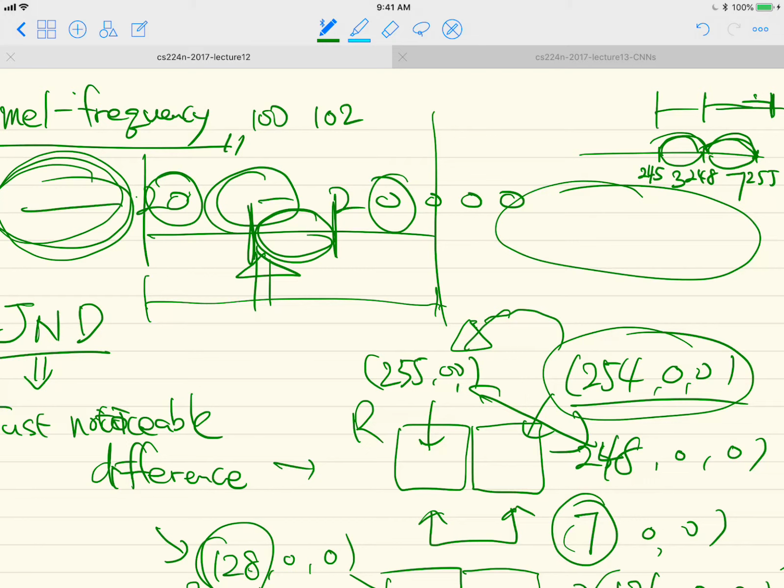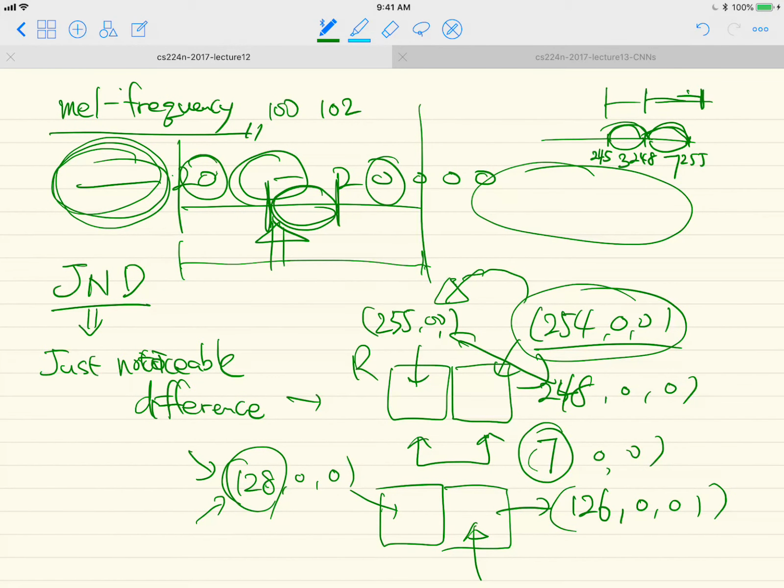That kind of non-uniform frequency scale based on human perception is called the Mel frequency.